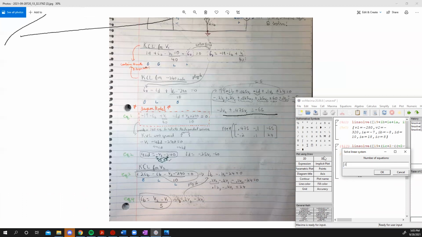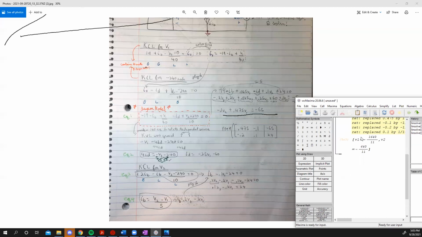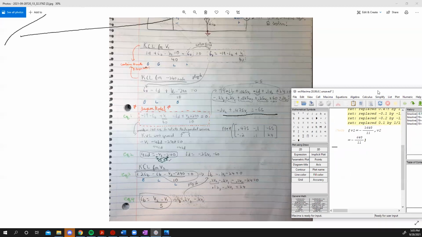How do I fix this? Yeah, something along this line. Yeah, that's exactly what I get when I convert it to fractions. Yeah, -1640/11. But that's not the right answer for V1 and V2, which is what we were doing a second ago.